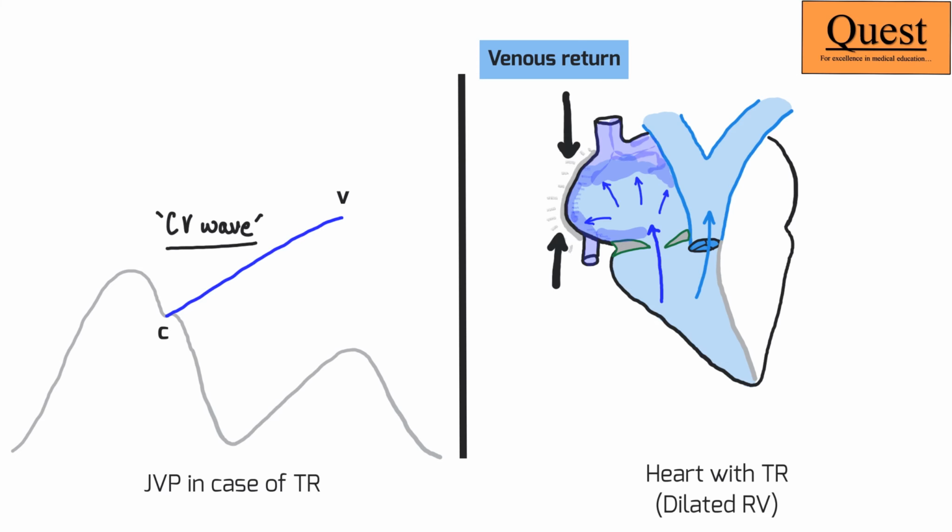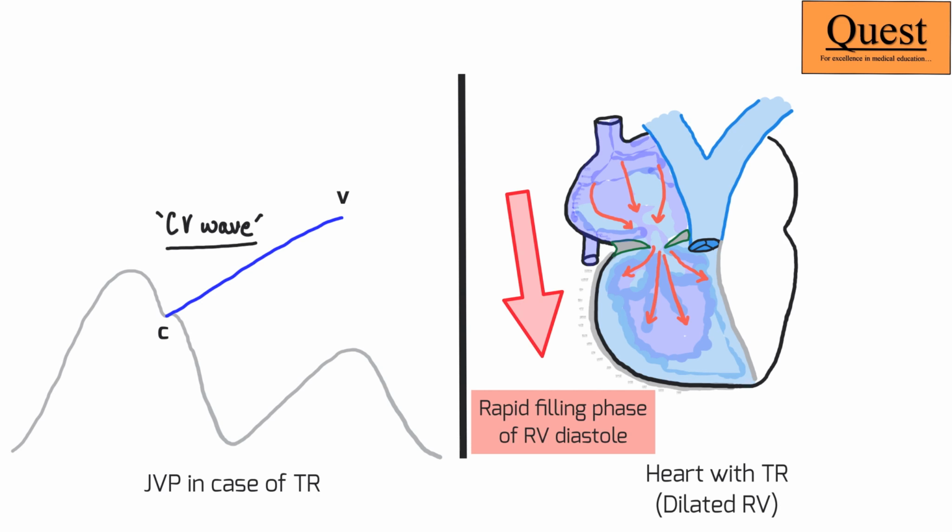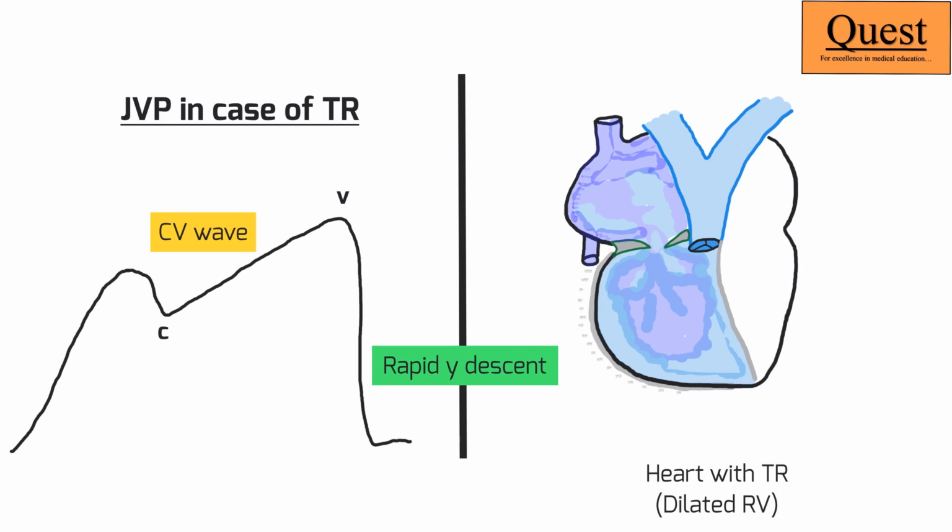So by the time my ventricular contraction is finished, I have a lot of blood in the right atrium. And as the diastole begins, during the rapid filling phase, all of this is going to gush down. And as it gushes down, I have a rapid and a prominent Y descent. Such a waveform where I have a CV wave followed by a prominent Y descent is classical of tricuspid regurgitation.